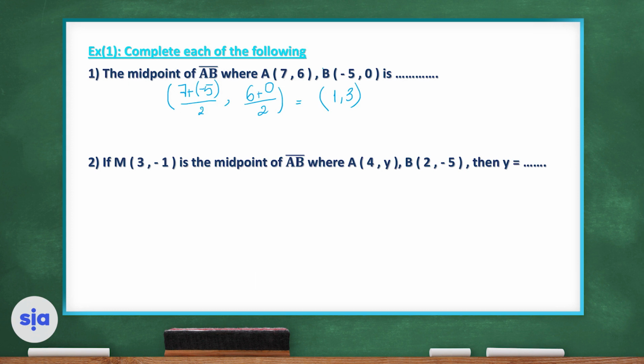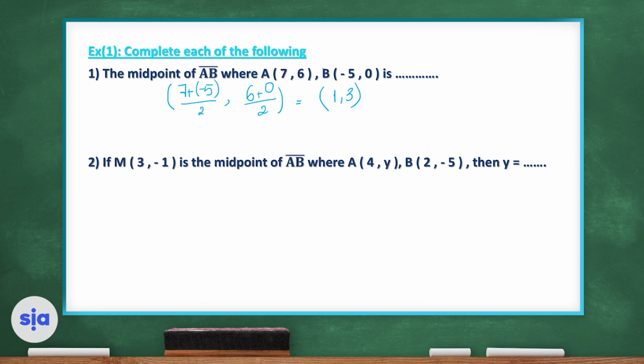Question 2, if M that has coordinates 3 and -1 is the midpoint of AB, where A has coordinates 4 and y, and B has coordinates 2 and -5, then what is the value of y? Here in this case, M is the midpoint, right?